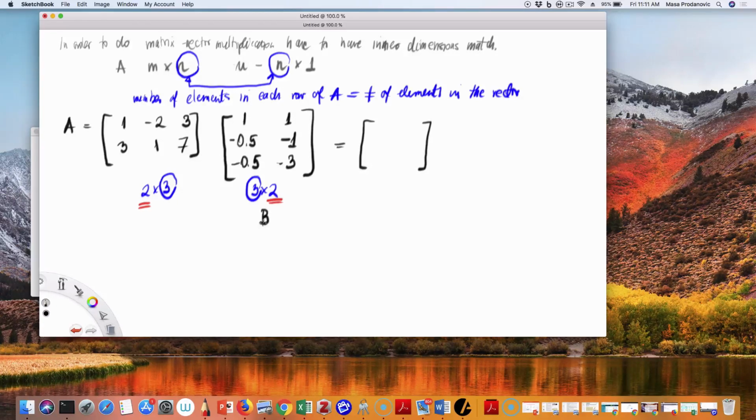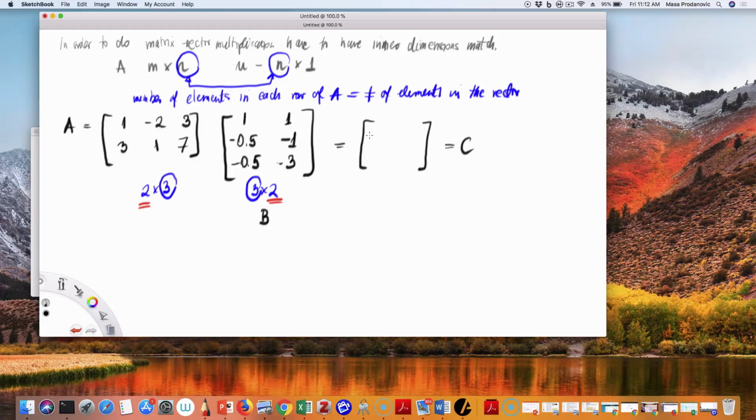So I'm going to call this B, and let's call this C. So my C is A times B. Now, what is going to be the first element of C? Or rather, not first element, but the element in the first row and first column.